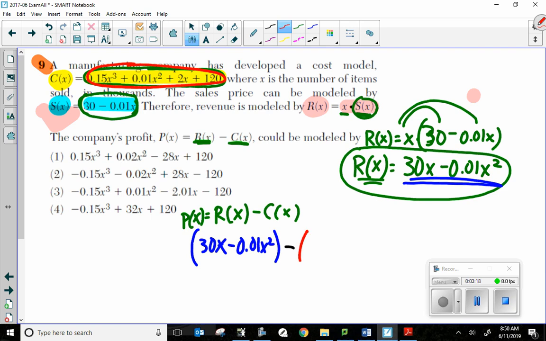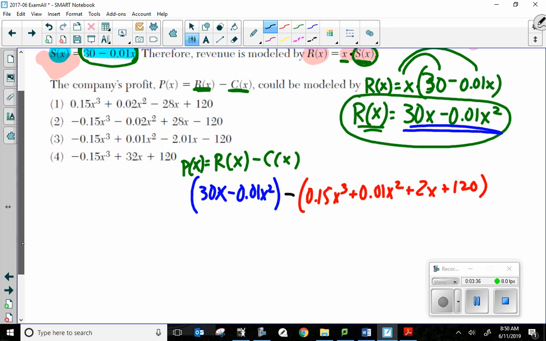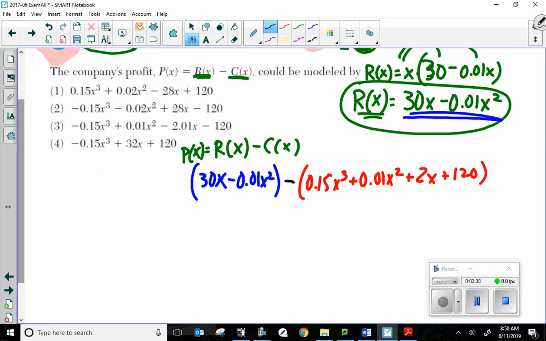Let's do this. 0.15x cubed plus 0.01x squared plus 2x plus 120. Now, please do not forget, I am not just subtracting the first term, I'm subtracting everything.